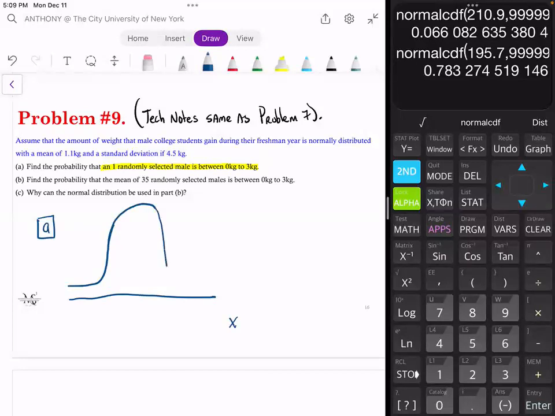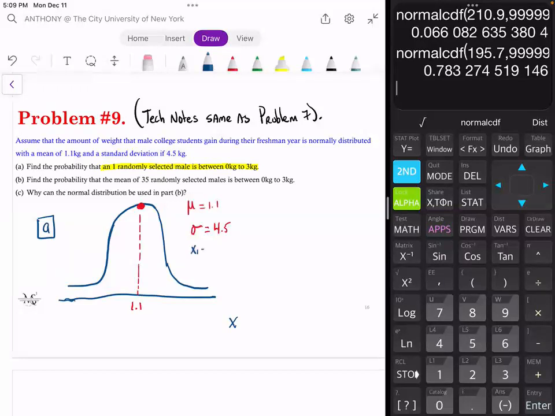Not the best bell shape, but we'll work with it. At our center is the mean. So the mean is 1.1. Standard deviation of 4.5.